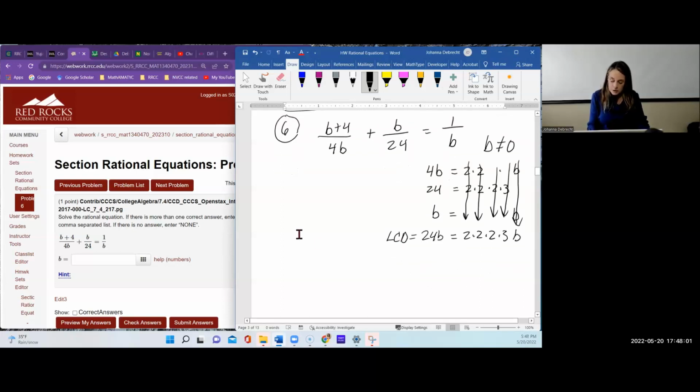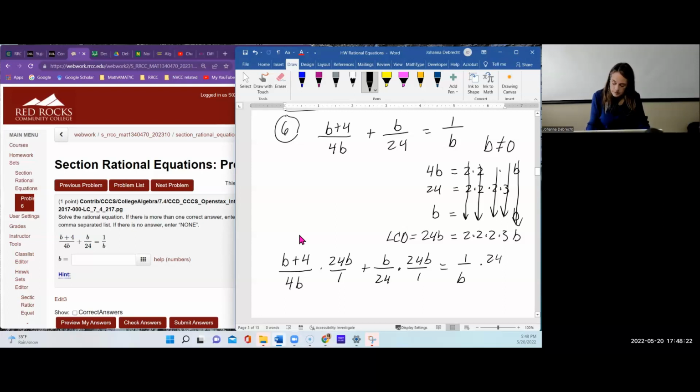Now I'm going to take the original problem and multiply each fraction, each term, by the lowest common denominator divided by 1. Now I can cancel like factors, but they have to be factors.